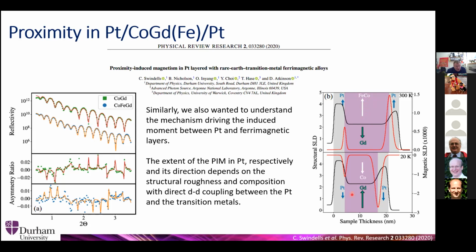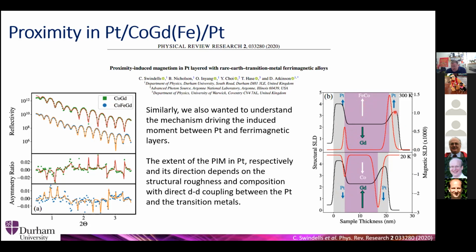And what you measure between whether you put cobalt gadolinium or cobalt iron gadolinium in is that there's a reversal of sign in the induced moment. And essentially what that's telling us is that the platinum induced moment is closely related to d-d coupling. It's the d-d overlap between the platinum and the iron and the transition metals that's driving that induced moment.